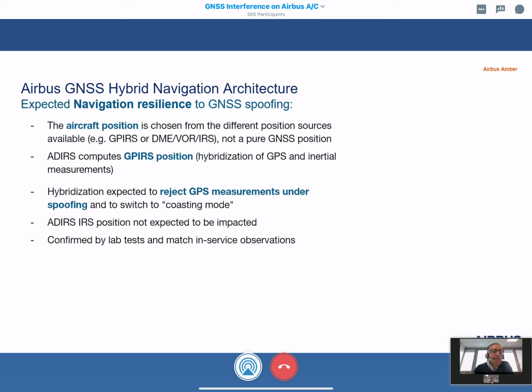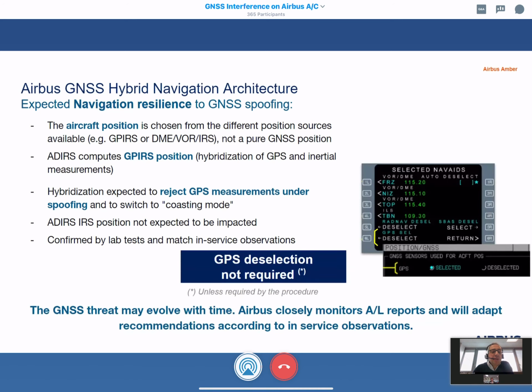In these cases, the performance of the ADIRs combining GPS and inertia has always rejected the fake GPS measurement from a spoofer. And so, for this reason, as indicated by Laura, the GPS deselection is not required.